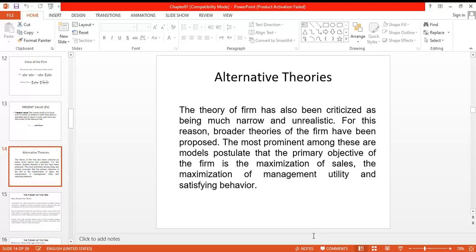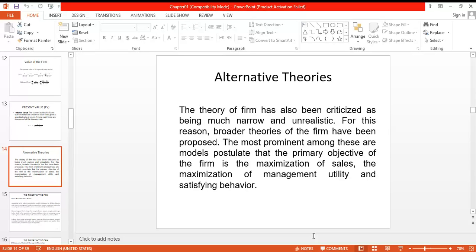No, at that point in time, it would have been highly unrealistic of this firm to set profit maximization as its ultimate goal, as its primary goal. Okay, so what goal did they have at that point in time? What goal did Amazon have in 1995-96 when it entered the market?